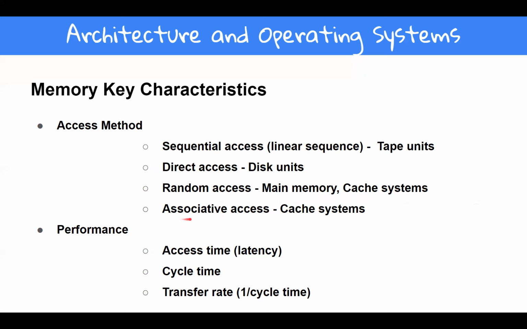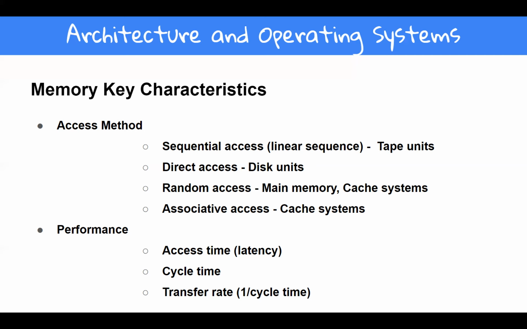The other one is called associative access, which cache systems usually use. It's a bit different from the other ones. This is a random access type of memory that enables one to make a comparison of desired bit locations within a word for a specific match, and to do this for all words simultaneously.